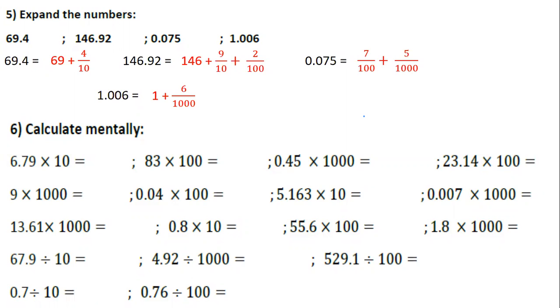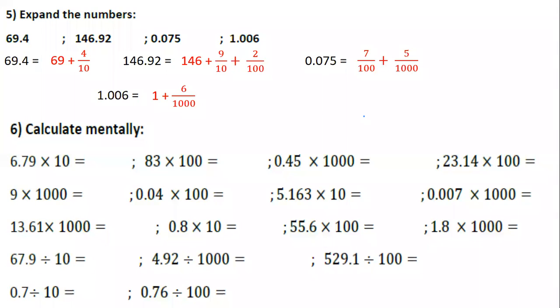Thank you, Leah. Now in question number 6, we talked about the rules of calculating mentally when we multiply a whole number by 10, 100, 1000, a decimal number by 10, 100, 1000, and when we divide a decimal number by 10, 100, 1000. So these have rules.